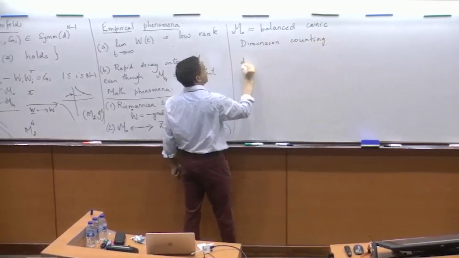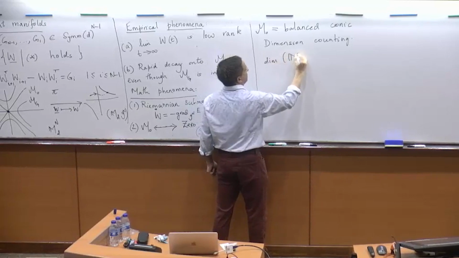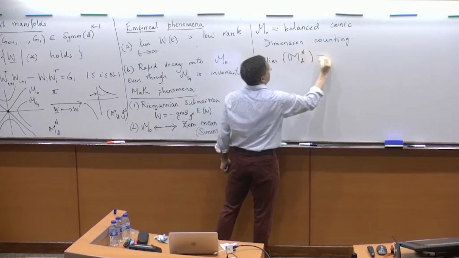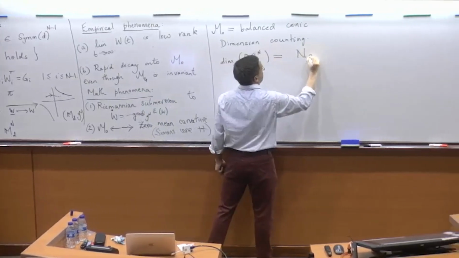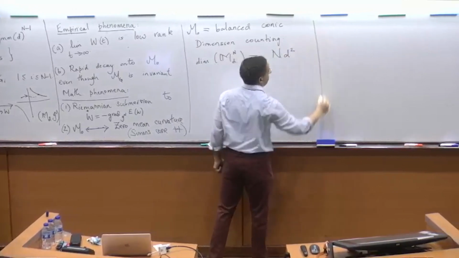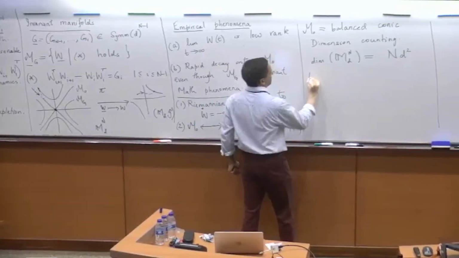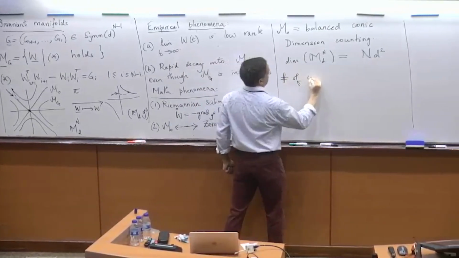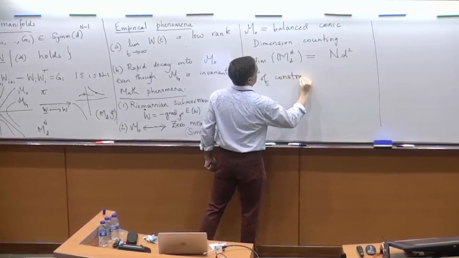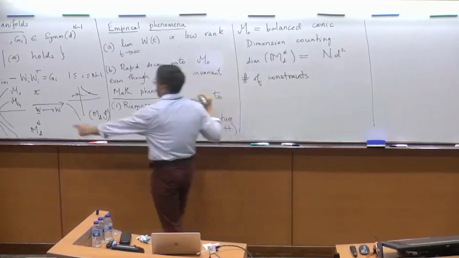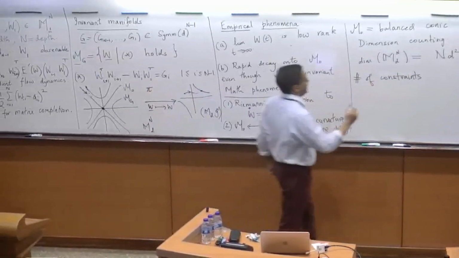Okay, so the dimension of our full space is capital N times d squared. Then the number of constraints in that equation.